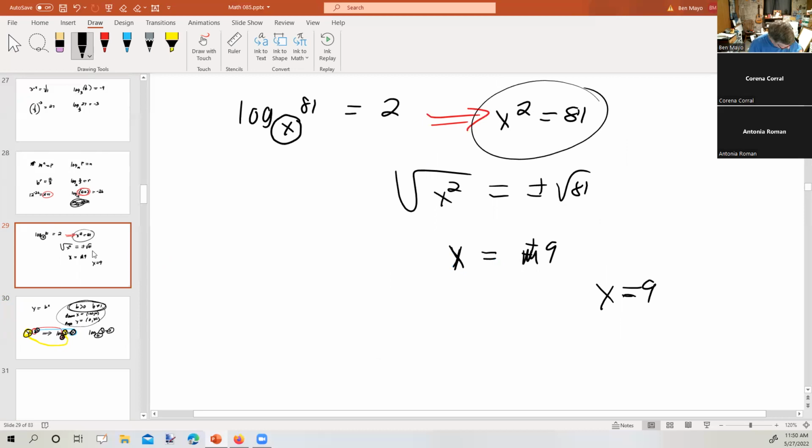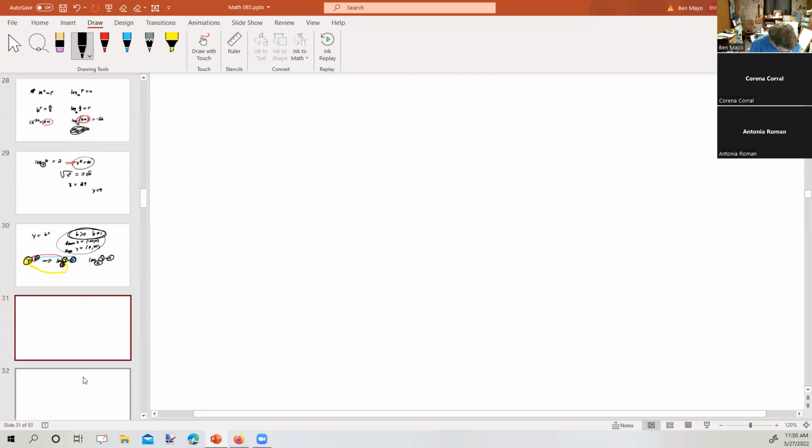Okay. Let's go on. Another example. Log base 7 of x equals 0. So this would become 7 to the 0 power equals x. Well, what is any number other than 0 raised to the 0 power? So 7 to the 0 power equals what? 1.